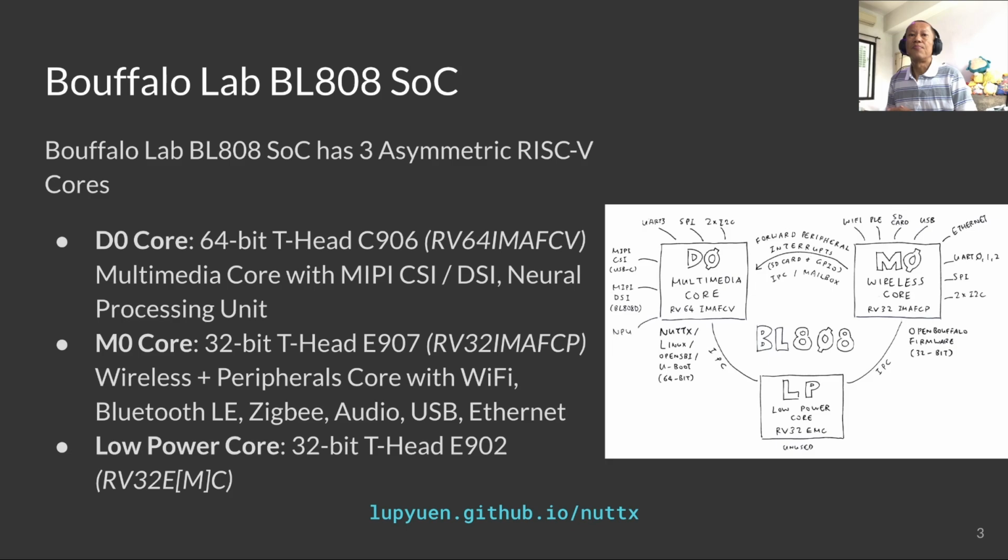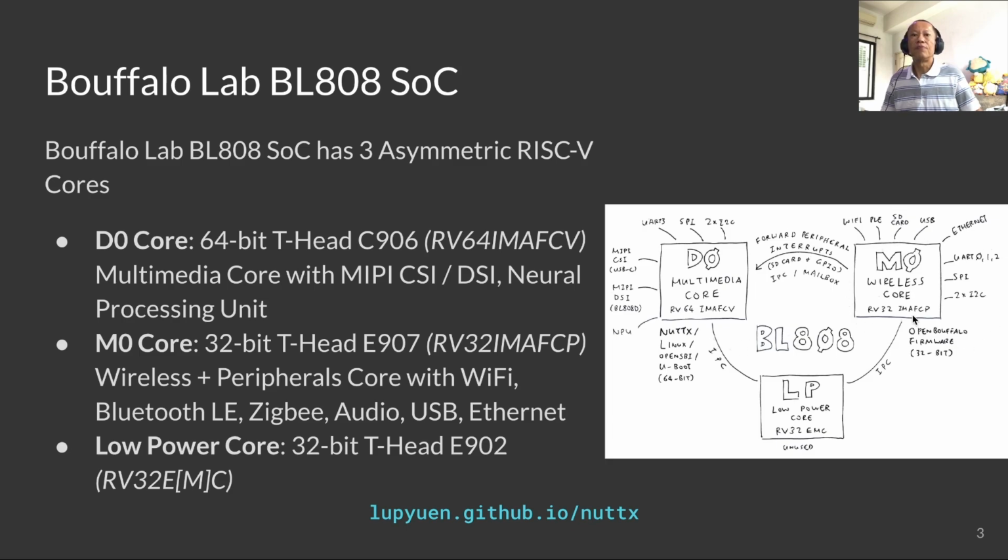What is this BL808? BL808 SoC is a curiously complex creature with 3 asymmetric RISC-V cores. One 64-bit core based on T-head C906. This is the multimedia core with BP, CSI, and DSI, and neural processing unit. NuttX runs here.